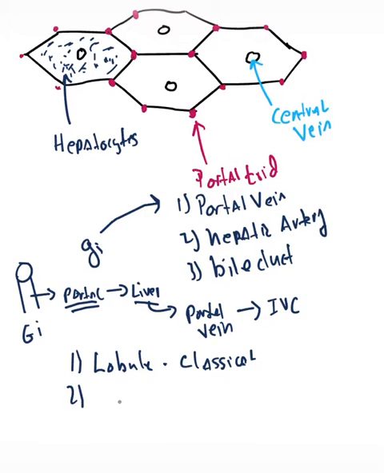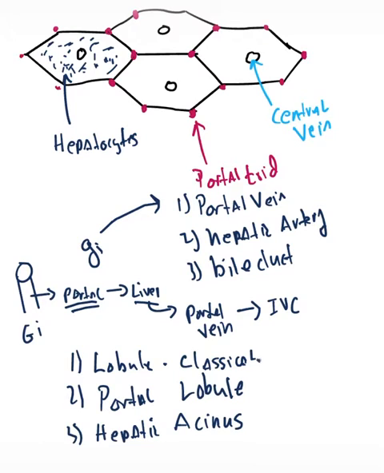The second is the portal lobule picture. And the third, which is going to be the most important when considering toxicology and pharmacology, is the hepatic acinus picture. Hepatic acinus. All right. Now, these are all just three different ways of looking at this picture here. So just keep that in mind as we move on.